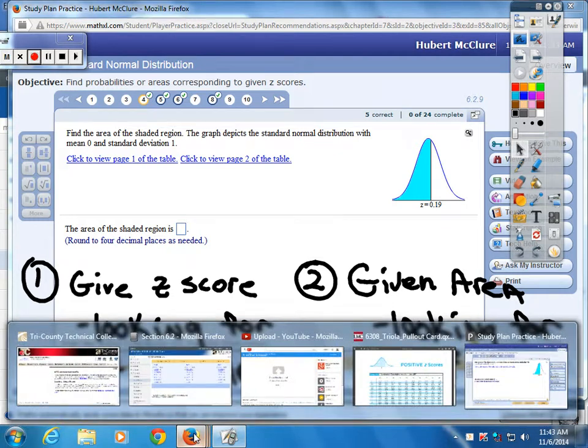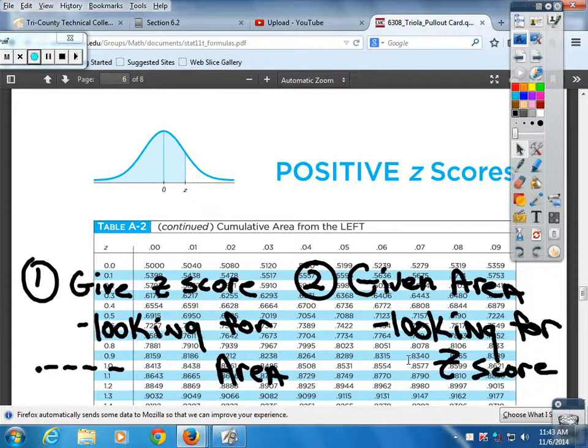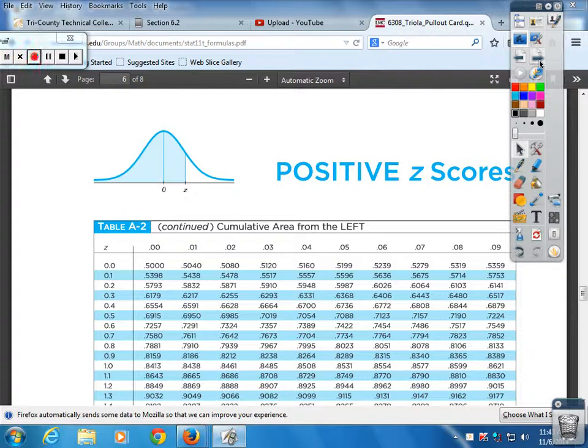Somebody tell me if this is a positive z-score or a negative z-score. It's positive. How do you know that? Because there's not a negative in front of it. So we're going to use the positive z-score. You're going to find 0.19. What's 0.19?